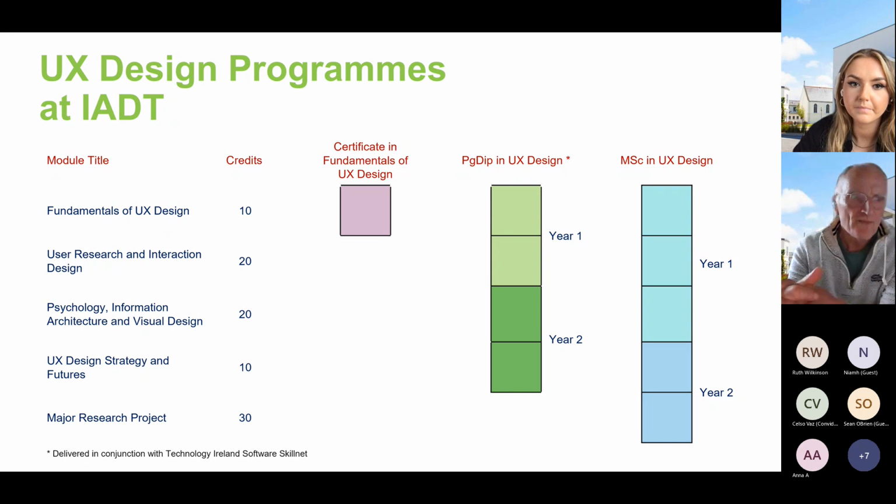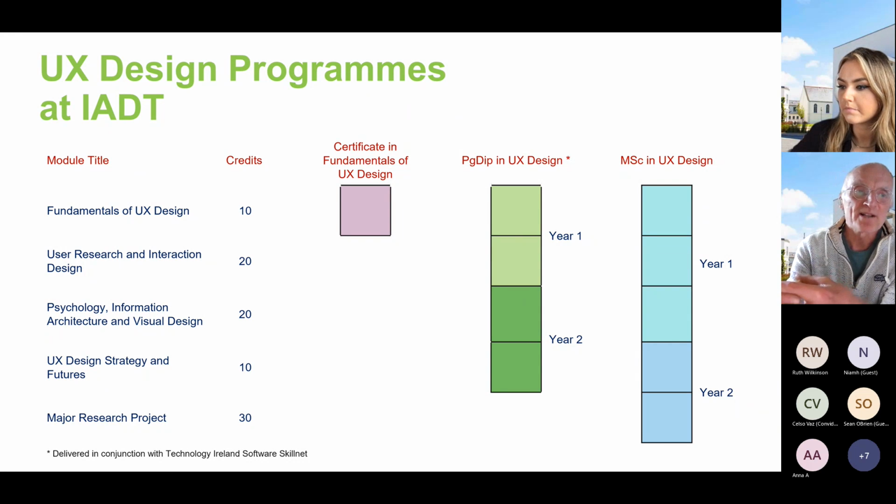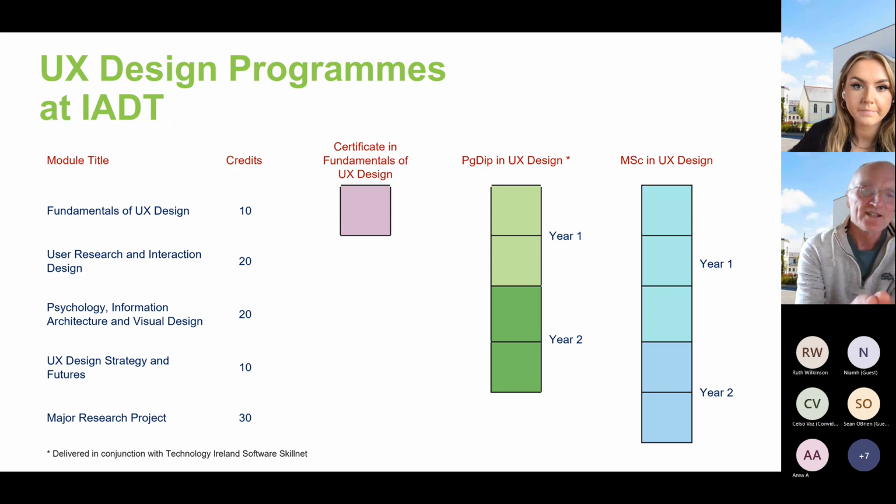The first module that you do is called the Fundamentals of UX Design, and the purpose of that is to teach people how the UX design process works. So we do a project from start to finish. We do a little bit of user research, some prototyping, and some testing at the end.